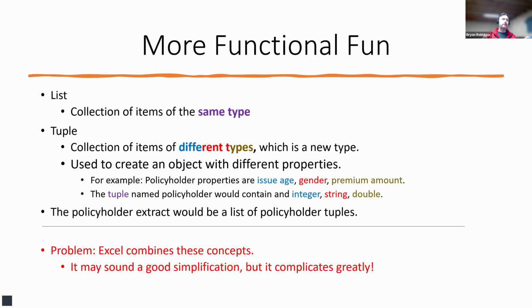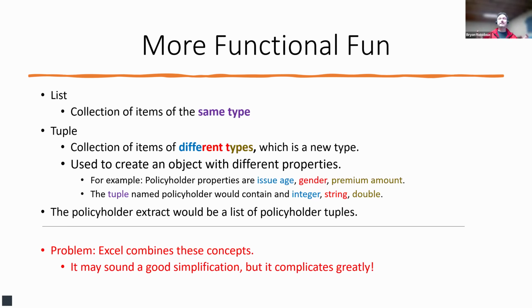A policyholder has an issue age, a gender, and a premium amount, which would be an int, a string, and a double. Well, I'd have to put that collection of items into a tuple because there are different types. And then if I wanted an extract of policyholders, I would put that tuple, which becomes its own type, into a list. So I'd have a list of tuples, and that would be my policy extract.